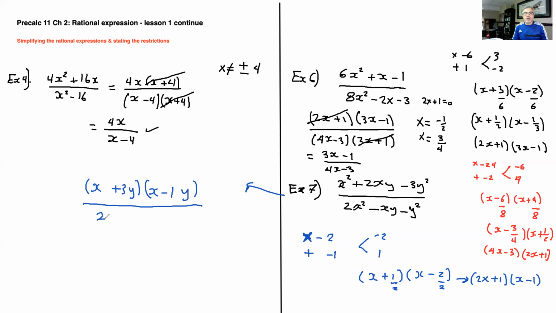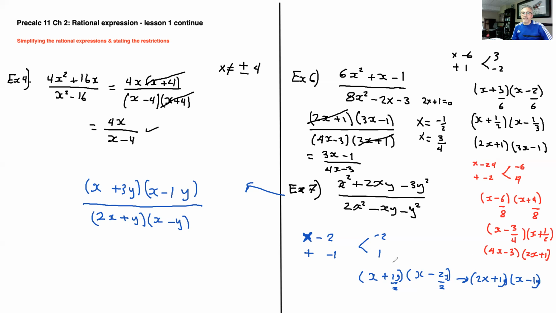So 2x plus 1y and x minus y. Of course, there's a y squared here, so I just want to bring that to your attention. So we have to have a y here and a y there, and that ends up giving me a y here and a y there.